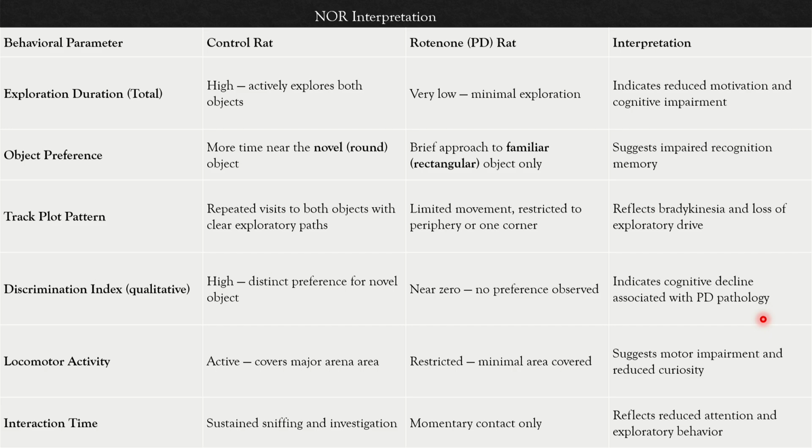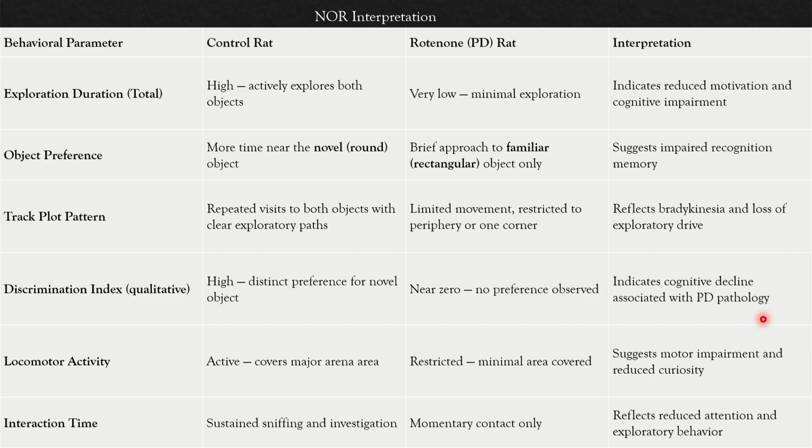These results are again based on the experiments that we have done in our lab, and I'll show you the videos for it. So these are all the observations for control rats and PD model rats. There was a brief approach to the familiar object in the case of PD rats, however in the control rats, they explored both the objects but spent more time with the novel object.